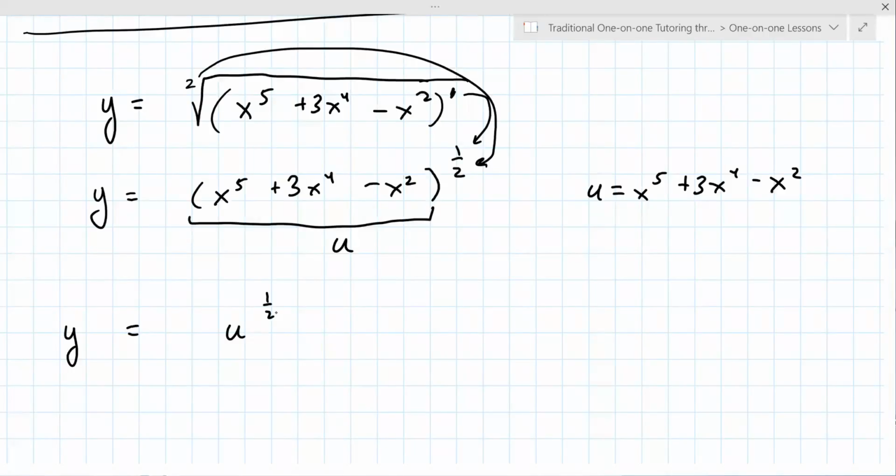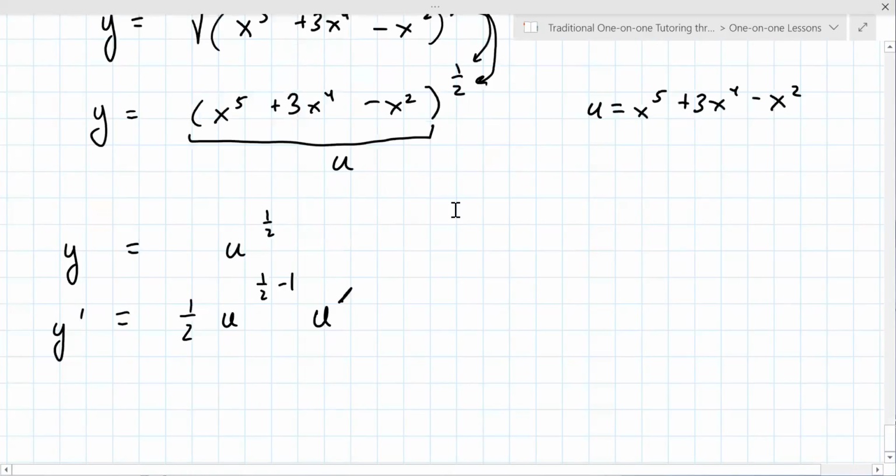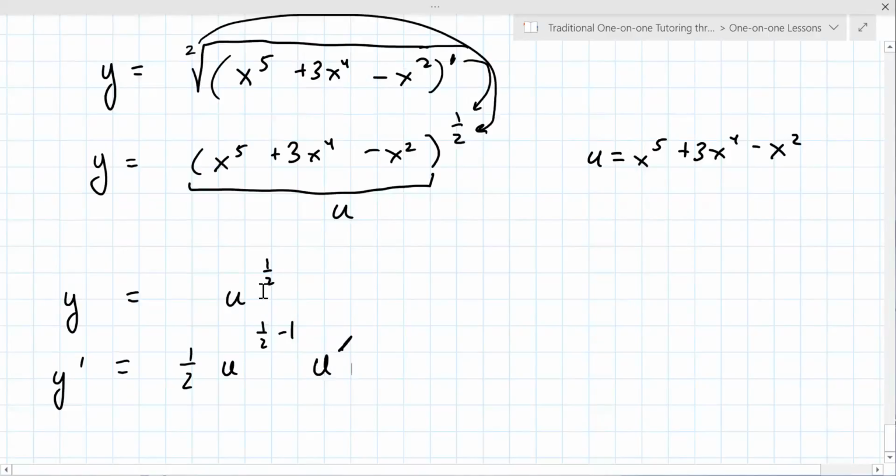Okay. So now, what is the derivative here? 1/2 u to the 1/2 minus 1. But then there's this little extra piece. There's this u prime, because u is really this thing over here in x.